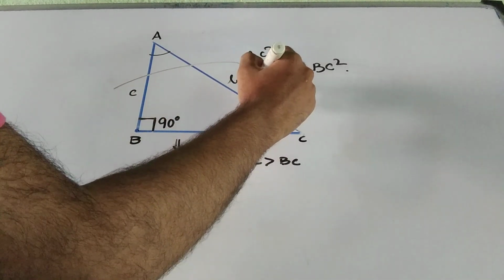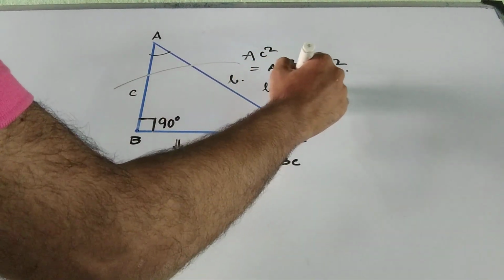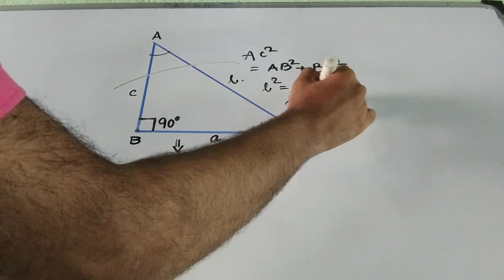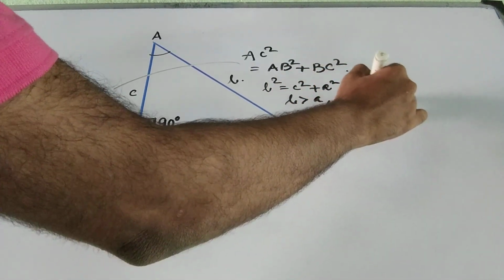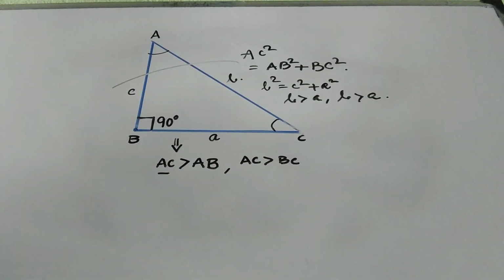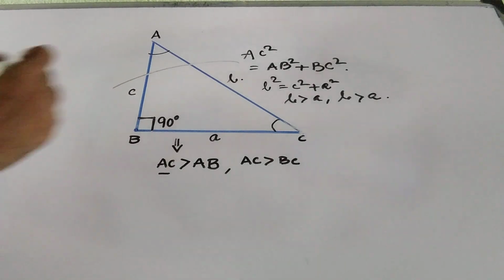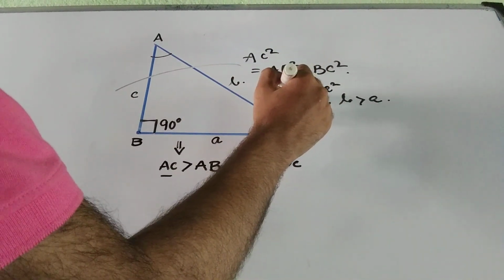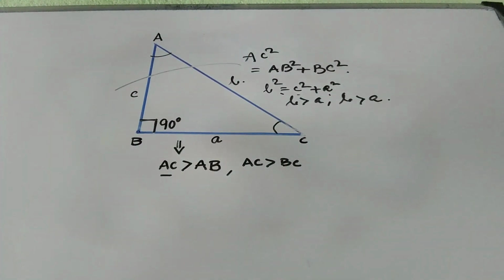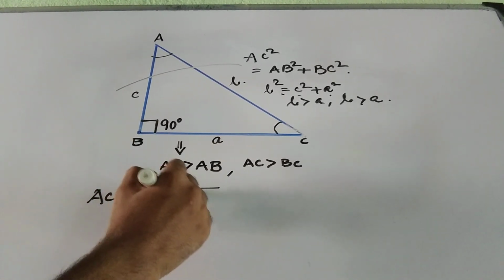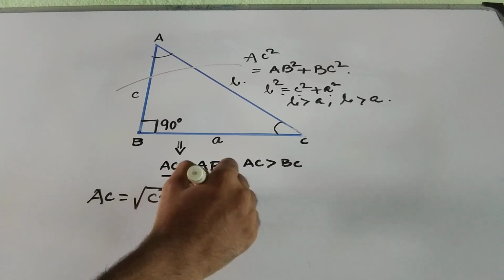So from Pythagoras theorem, we know that b square equals c square plus a square. I have to prove that b is greater than a and b is greater than c, right? Now I can write that b square equals c square plus a square. That means AC is the square root of c square plus a square.